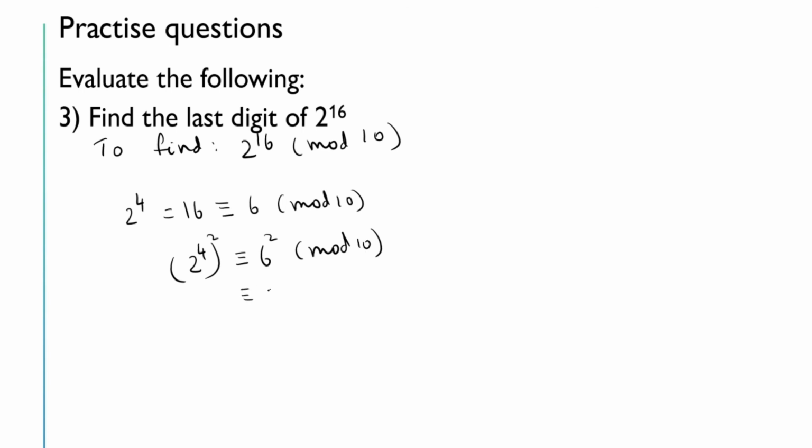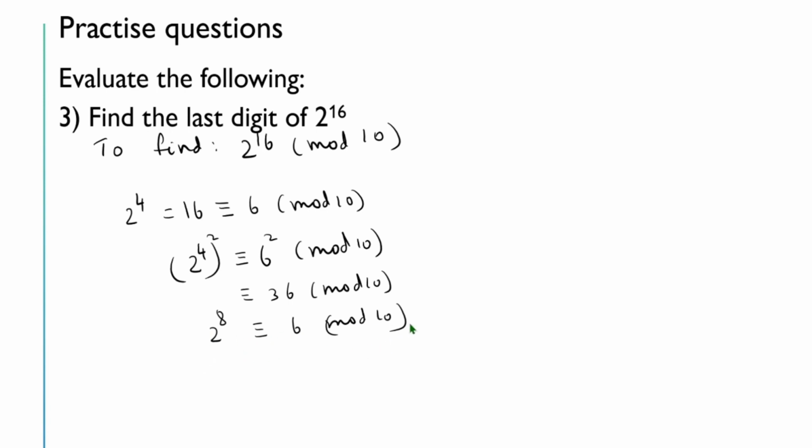So, this is congruent to 36 mod 10. So, 36 mod 10 is nothing but 6 mod 10. Here we have 2 raised to 8. So, we have got 2 raised to 8 is congruent to 6 mod 10.